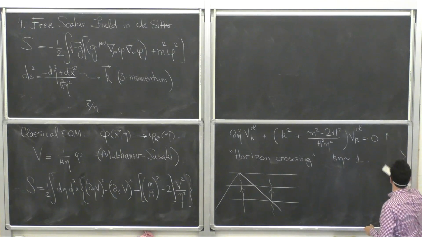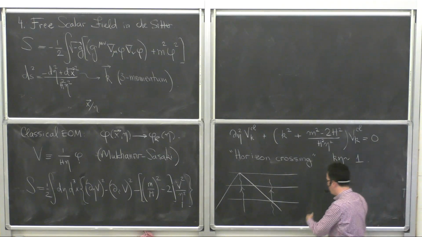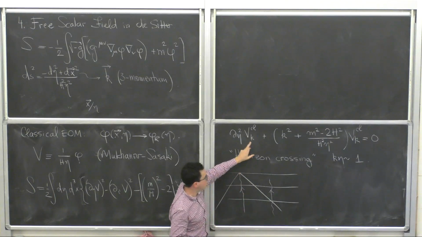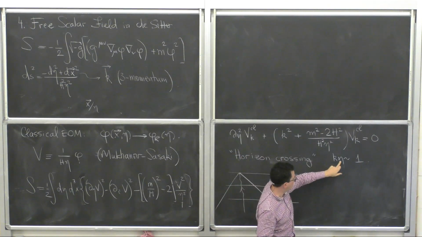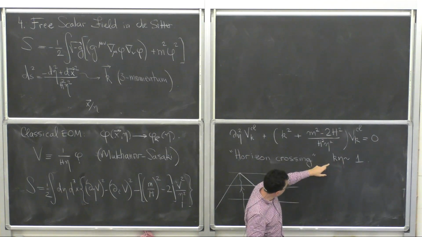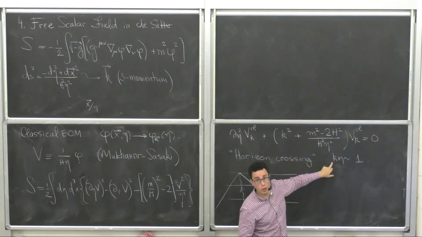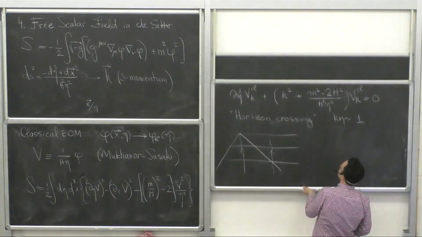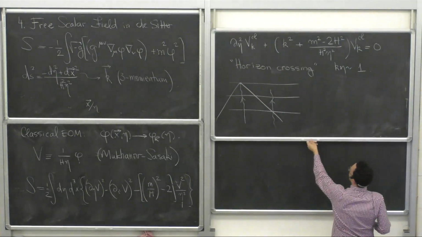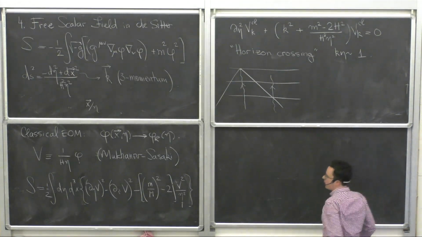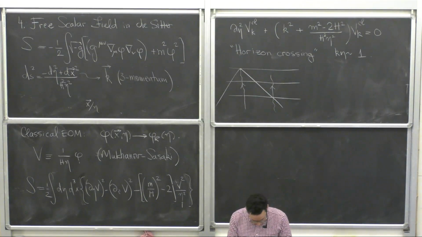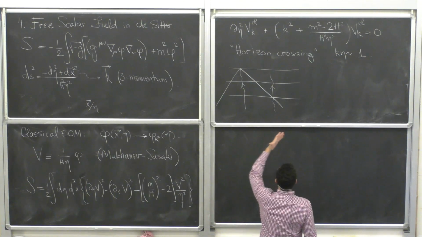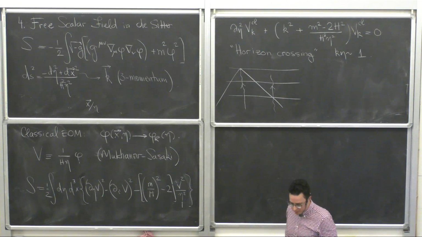our standard discussion. If you look at the formula, then you will see that the behavior of Vk changes considerably for eta much less than 1 over k, or order 1 over k, or bigger than 1 over k. For eta very small, this is a standard Bessel equation, okay?